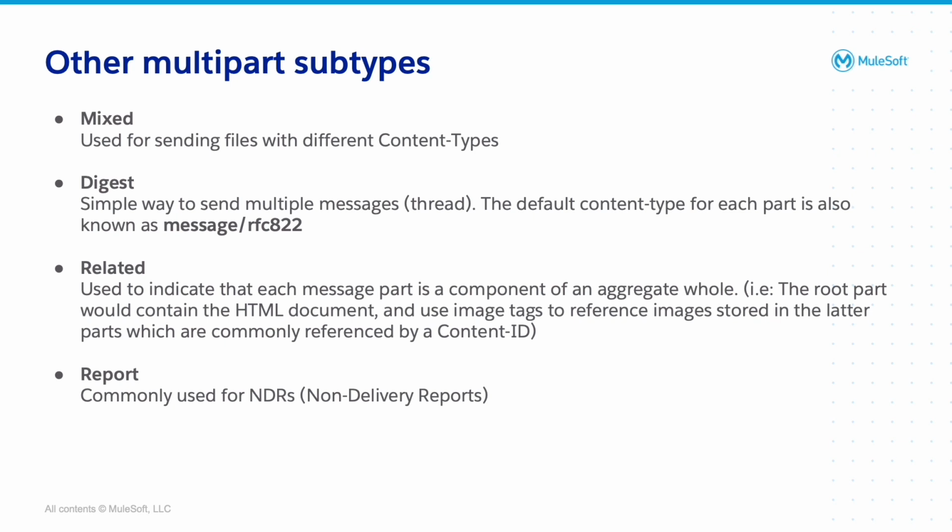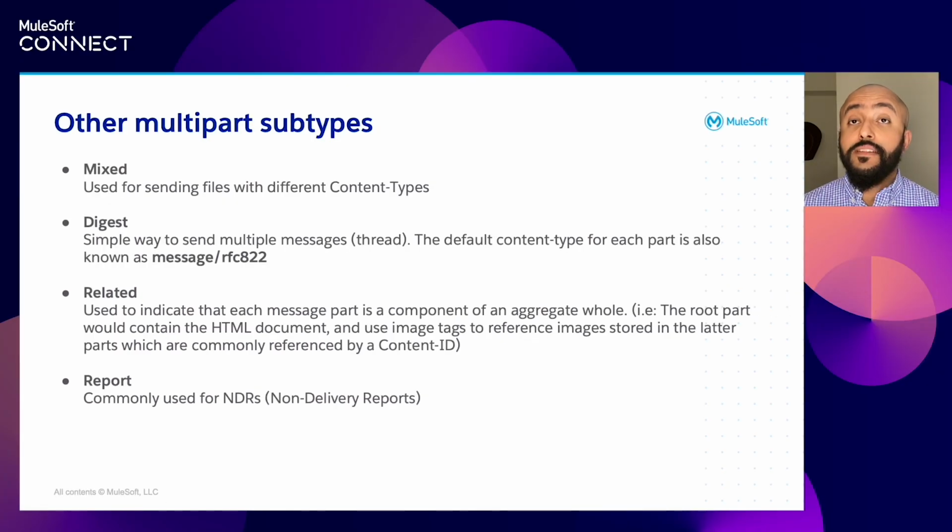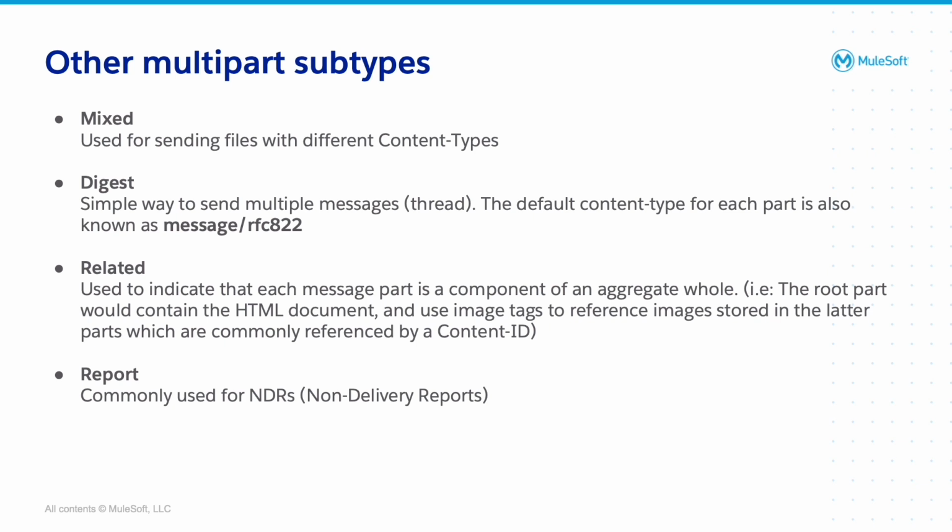For example, if you have a long communication chain as part of the email message, that content type is going to be used to show all the previous replies. We also have related, where you have some sort of offline message, for example, an HTML which is making reference to its own image attachments.